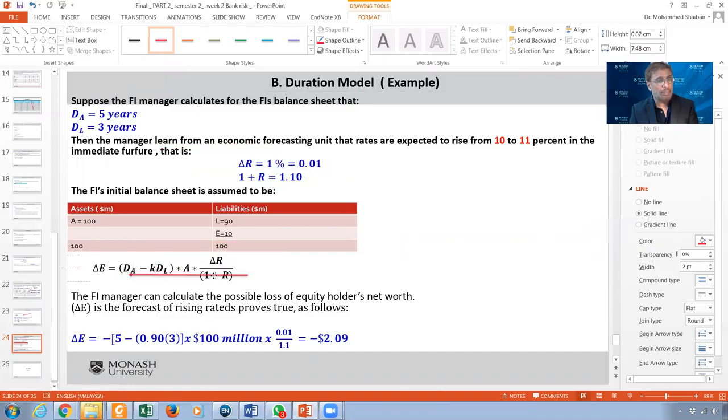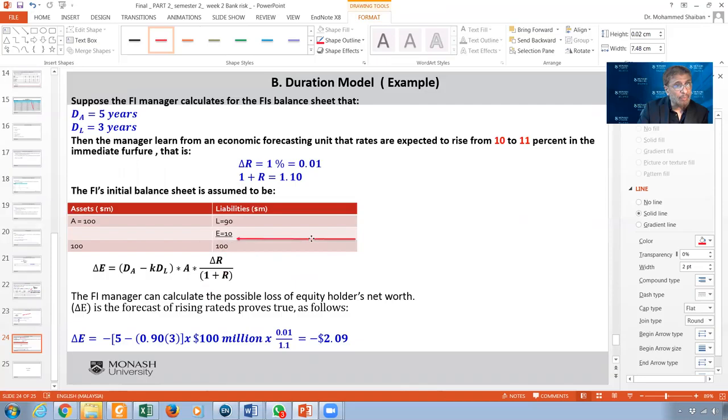The change in equity is the duration of assets minus K, where K is the leverage, which means how much the liabilities are relative to the assets. So here, for example, I have assets of 100 and liabilities of 90, which means the leverage is 90 over 100, liabilities over assets. So as you can see, it is the duration of assets minus the leverage times the duration of liabilities, times the total assets, times the change of the interest rate over 1 plus the interest rate.